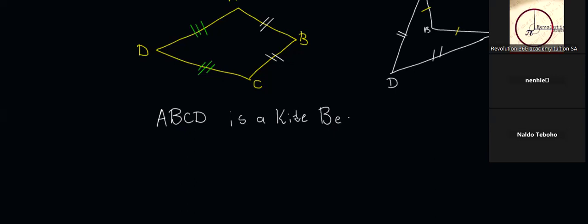AD is equal to DC from the diagram, and AB is equal to BC. That's why we say this is a kite. Are you all writing?